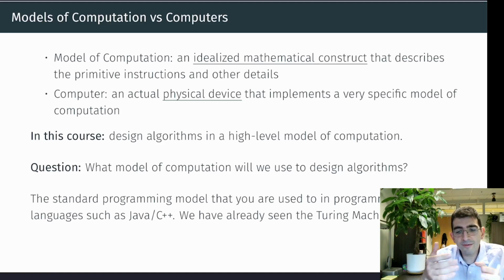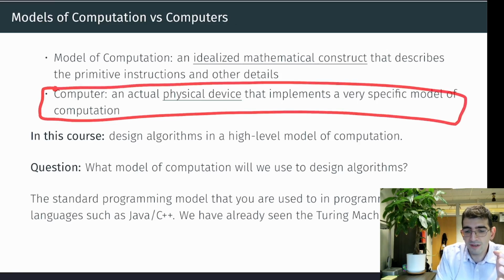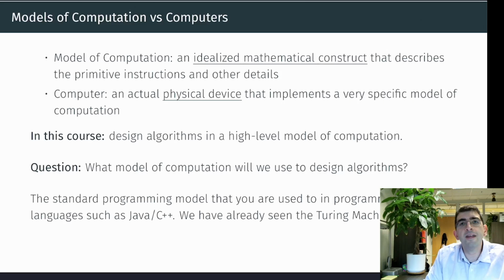Right? So we need a model of computation that will exist throughout time, and we need it to be close to the physical computer, but not limited by the physical constraints of modern computers either.